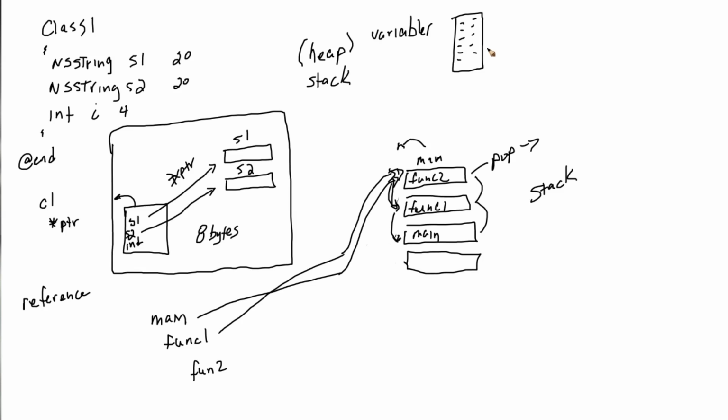So when one function gets through and it doesn't need that particular area of memory, we need to be able to let the system go in and clean out these particular areas so that it can reclaim that memory area and use it for other applications. And iOS will actually shut down your application if you don't operate in a nice, clean way. So you want to make sure that you're paying attention to this stuff.